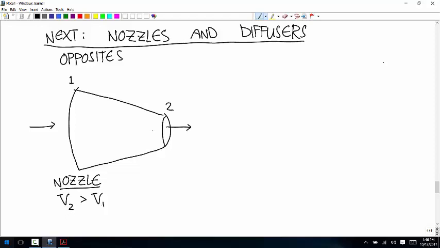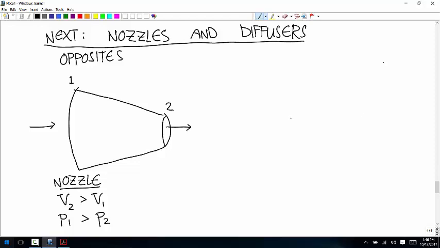And the pressure is the reverse of that. So the pressure is higher at location 1 than location 2. A nozzle is like when you put your thumb over the hose, you make the exit smaller than the inlet, and you increase the speed coming out.